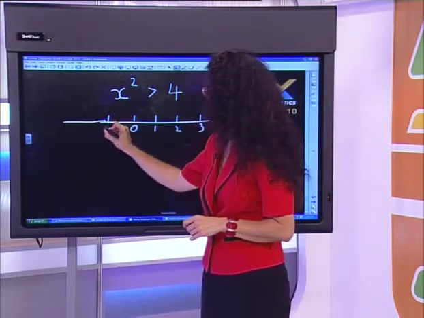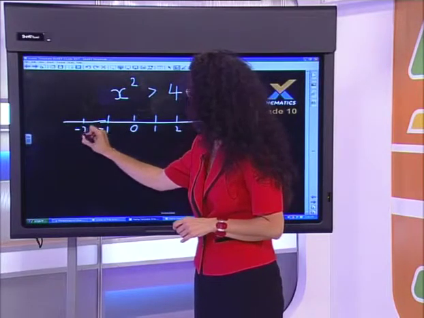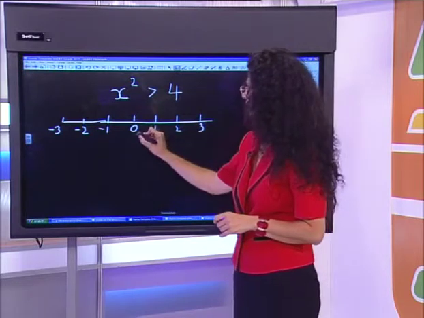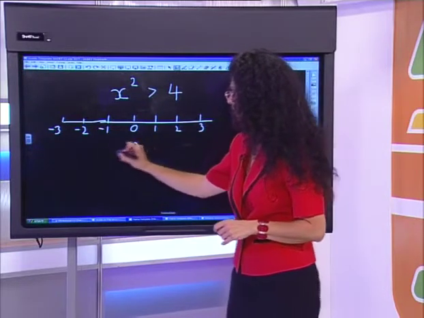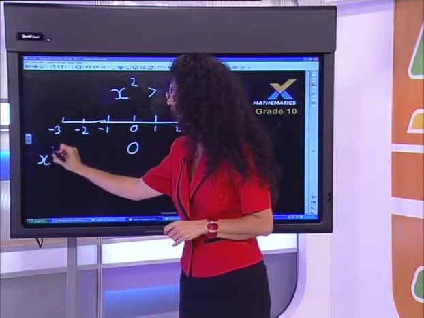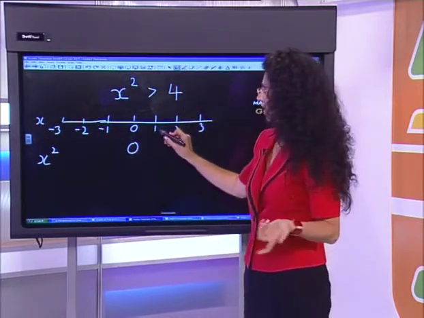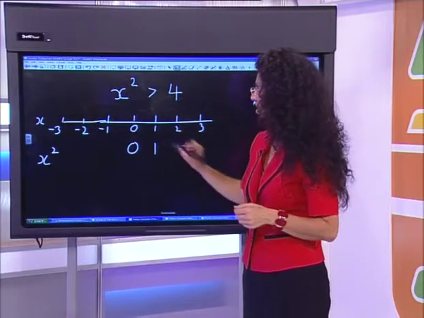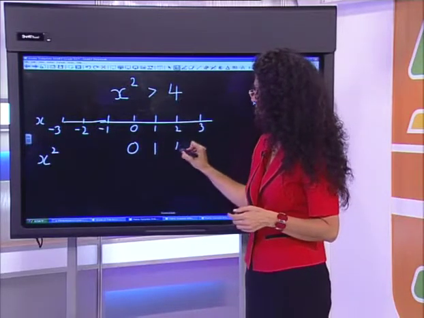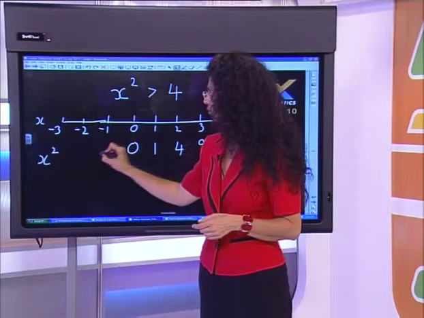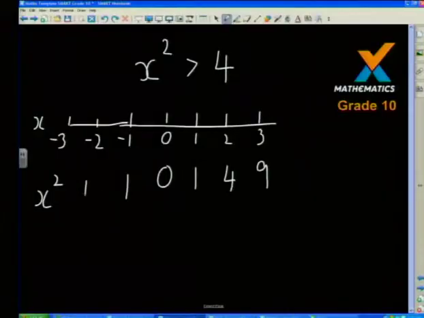And let's go -1, -2, and -3. If x is 0, then 0 squared would be 0. If x is 1, then x squared would be 1. If x is 2, then x squared would be 4. If x is 3, then x squared would be 9. What happens to the left of 0? x squared would be 1, x squared would be 4, and x squared would be 9.